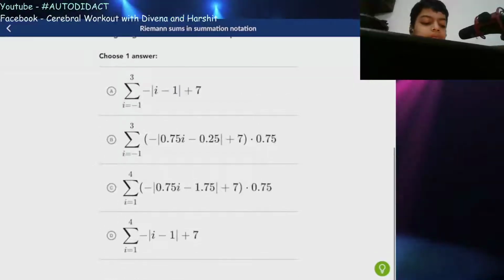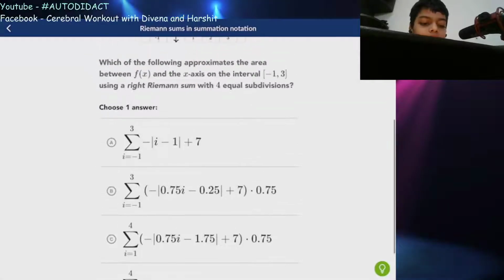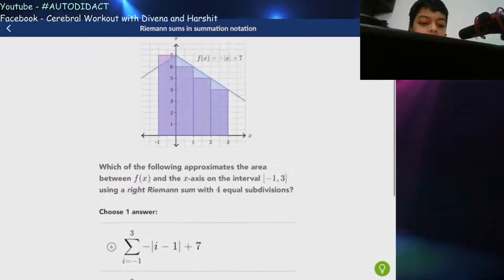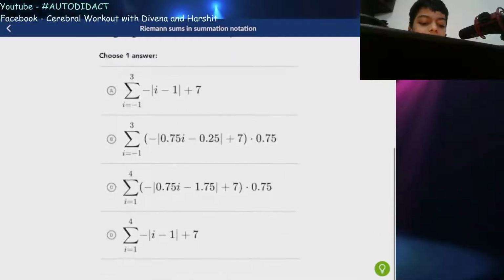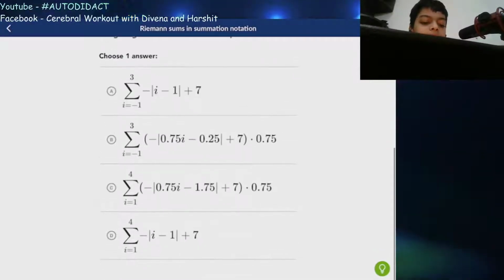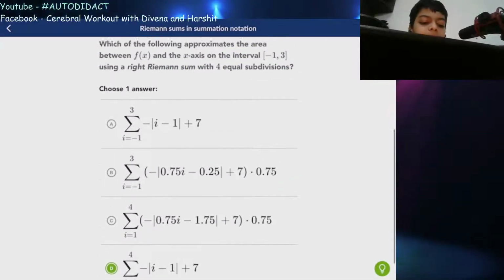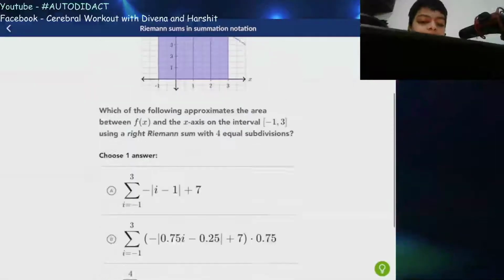So we can rule this one out and this one out. B and C are wrong. From I equal to -1, this one is also wrong because it starts at -1. This one is correct because it starts at 1 and ends at 4, since there are only 4 equal subdivisions.